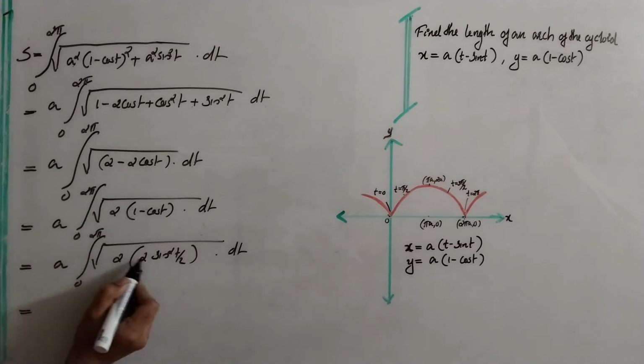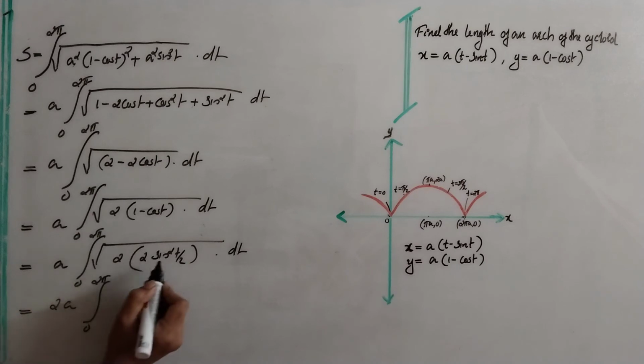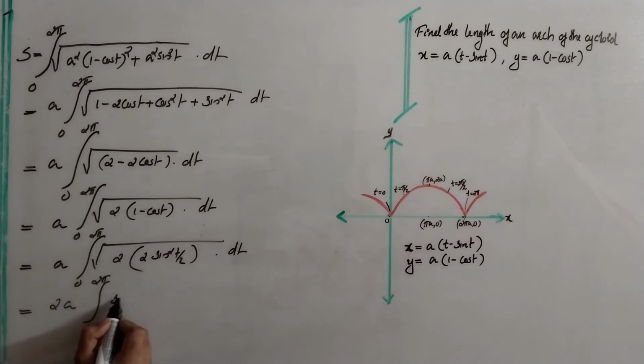So root of 4 is 2, and we get 2a into integral 0 to 2 pi square root of sin square t by 2, that is sin t by 2, dt. So 2a into integral 0 to 2 pi sin t by 2 dt.